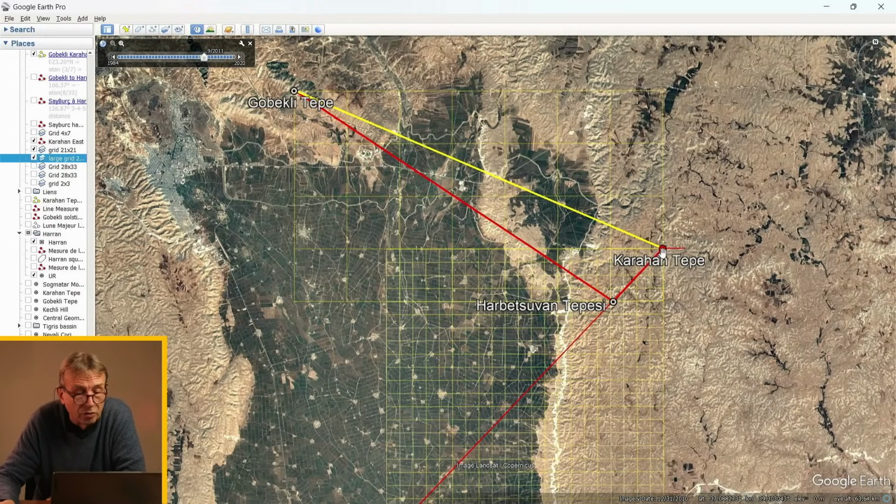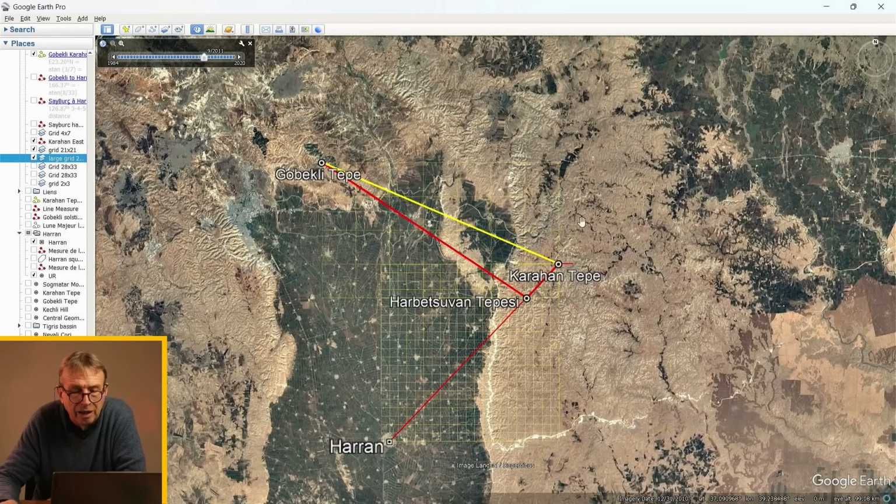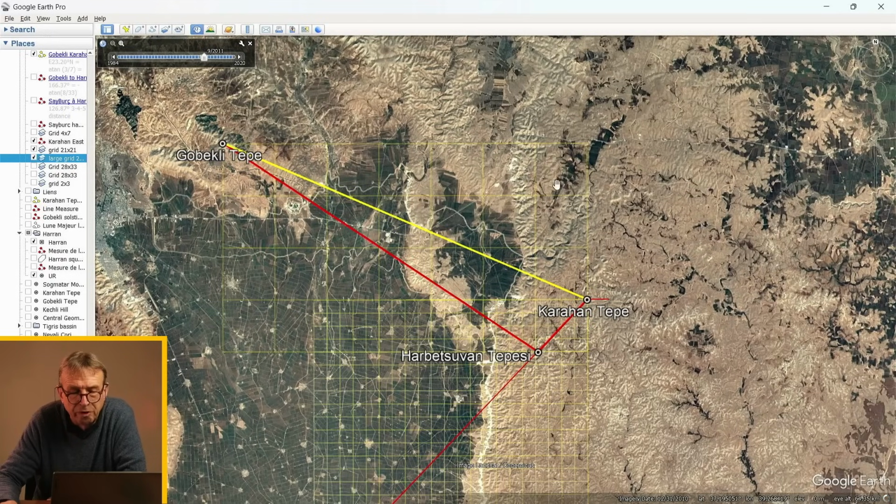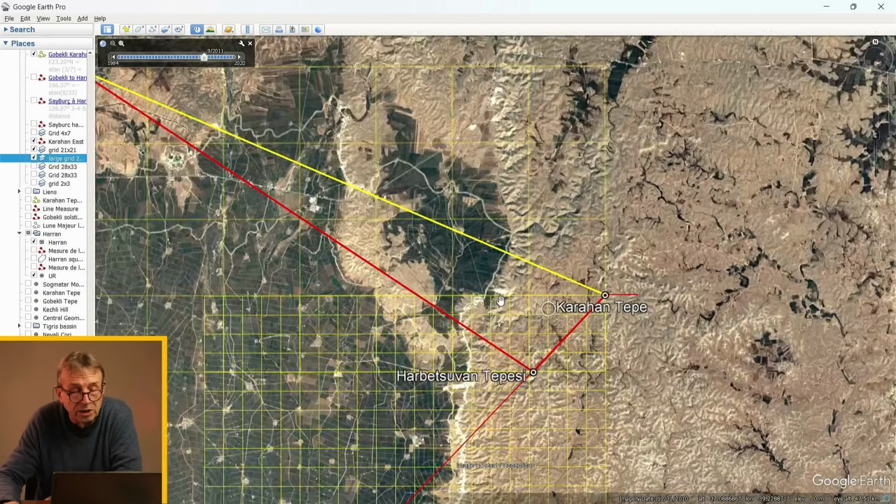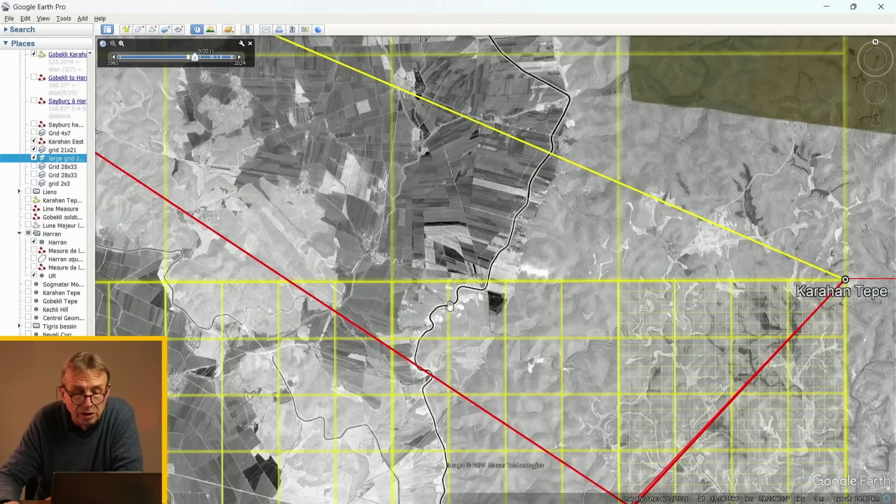I've drawn a grid of 21 by 21 between Karahan Tepe and Harran, and this grid perfectly fits into this 3 by 7 grid that I've drawn between Göbekli Tepe and Karahan Tepe. So this clearly shows that there's some kind of unity here.